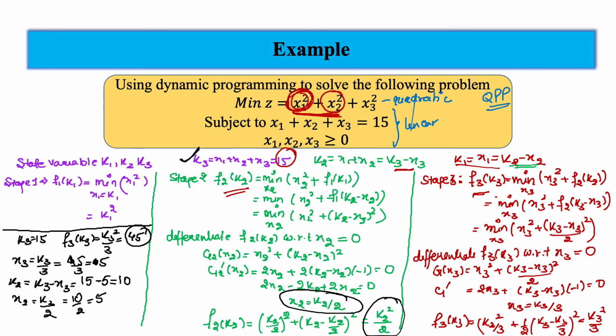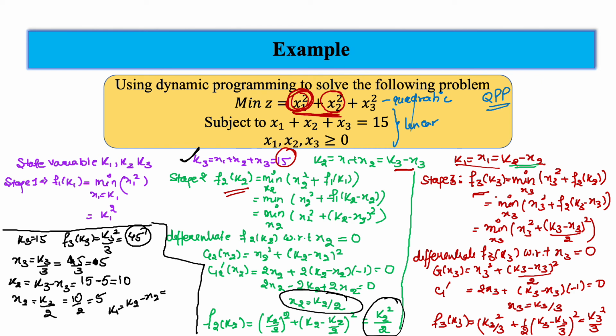Now what is the x1 value? For that we will see what k1 is. k1 is k2 minus x2.